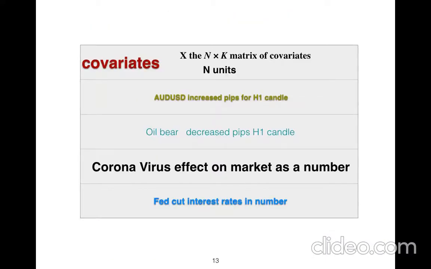And for covariates, there are different examples in the Forex market. For example, oil is in bear market and it decreased by how many pips in one candle. Coronavirus effect on market as a number. So these are covariates. I call them pre-treatment variables, before observation, before experiments.